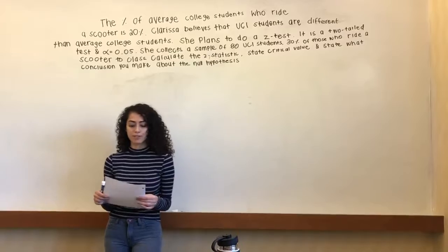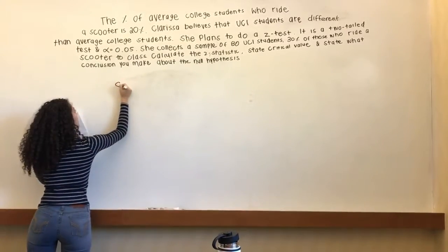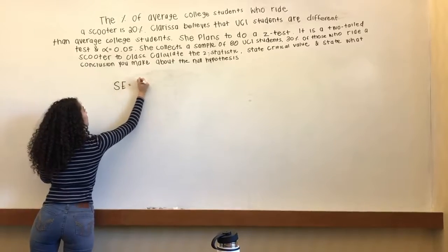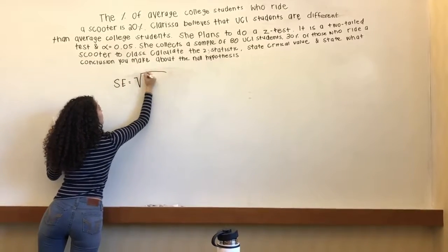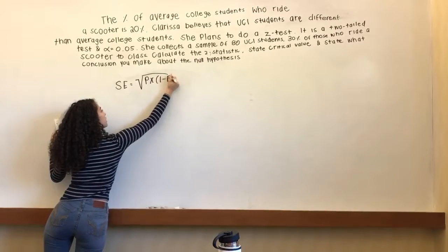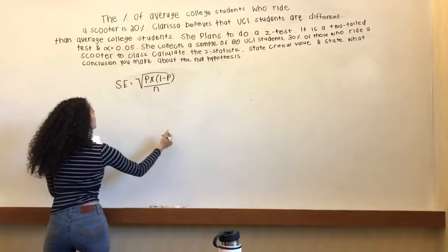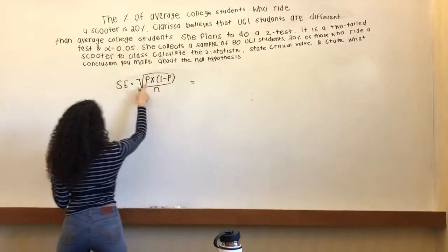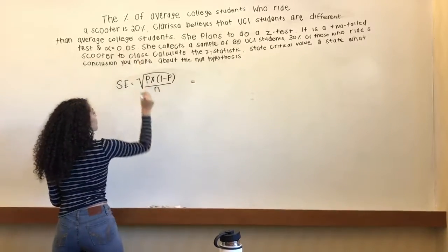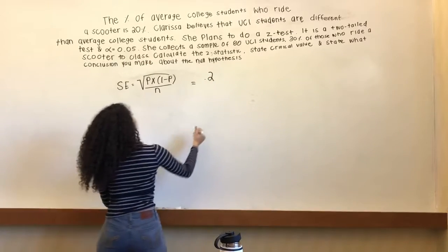So the first step is to find the standard error. The equation for the standard error is the square root of p times 1 minus p over n. In this case, p is equal to 20%, and we're going to put that into 0.2.